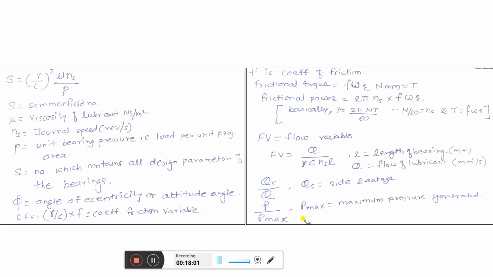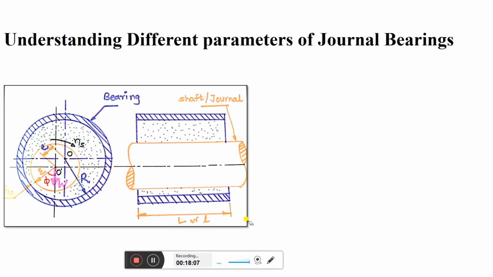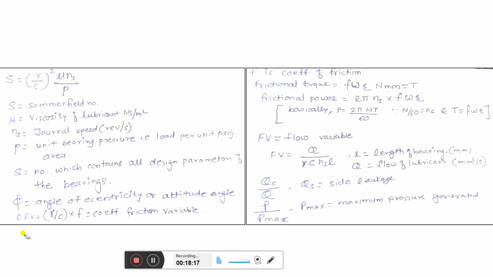Next is p upon pmax. We know that as we are moving towards the wedge, or we can say as we are moving toward this center, this part of the hydrodynamic lubrication, the pressure will go on increasing. So at a certain point there will be a maximum pressure. So the ratio p upon pmax is one more dimensionless number. p is the pressure at which oil is supplied to the bearing, and pmax is the maximum pressure generated.